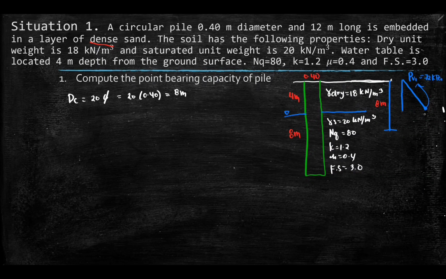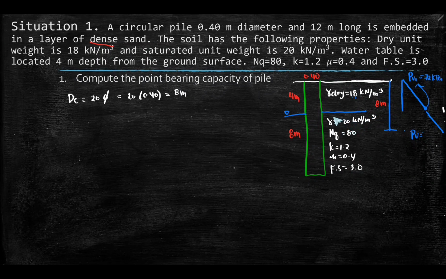So, next, for this soil layer, since it is still varying, it goes like this, heading to the end of the critical depth. Okay? So, when we solve the effective vertical stress there, we have 18 times 4 from the top, so 18 times 4 plus 20.